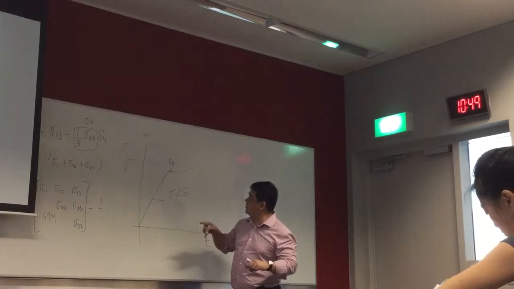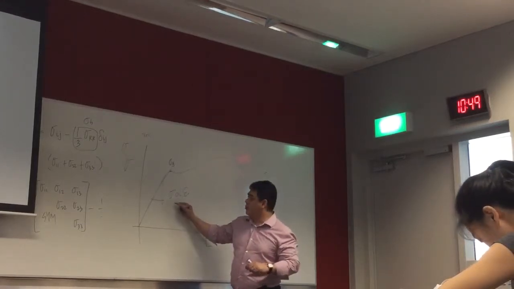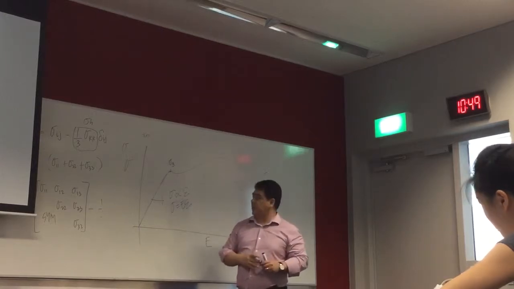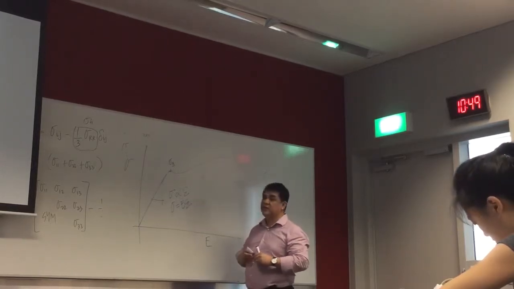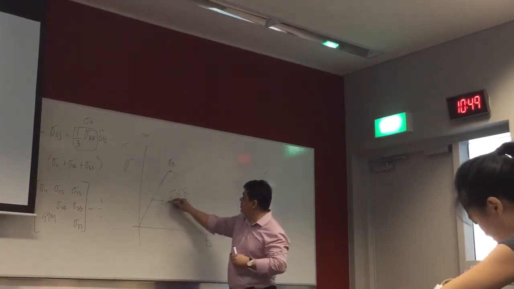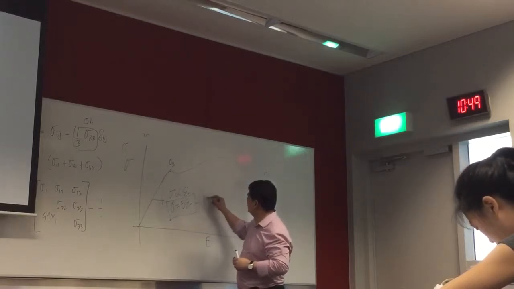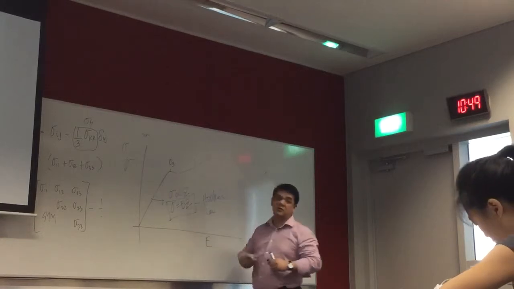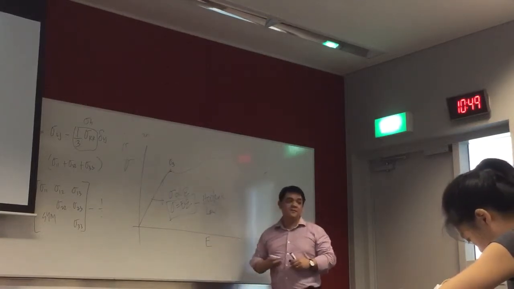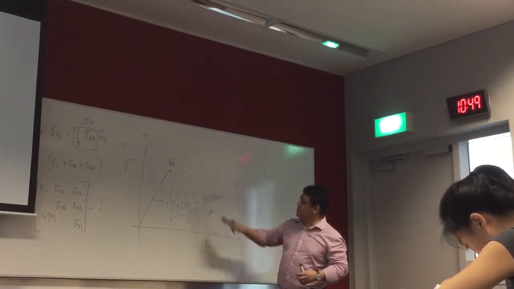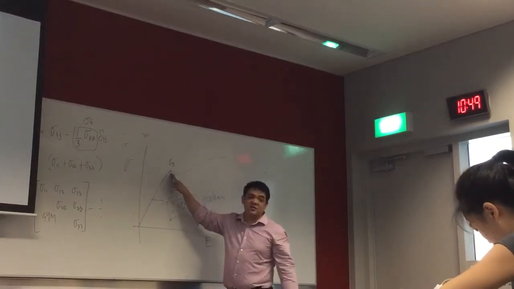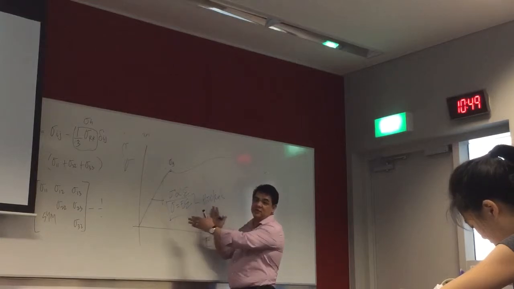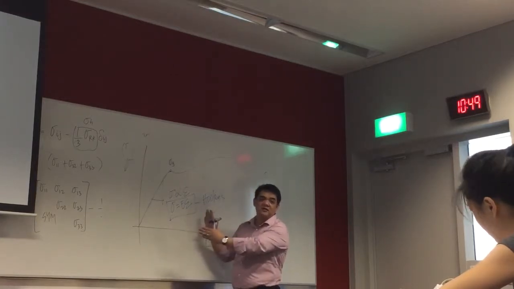Because they are directly proportional, to equate them, we need a proportionality constant, E. And that E is actually our Young's modulus. So this one is called your Hooke's law.